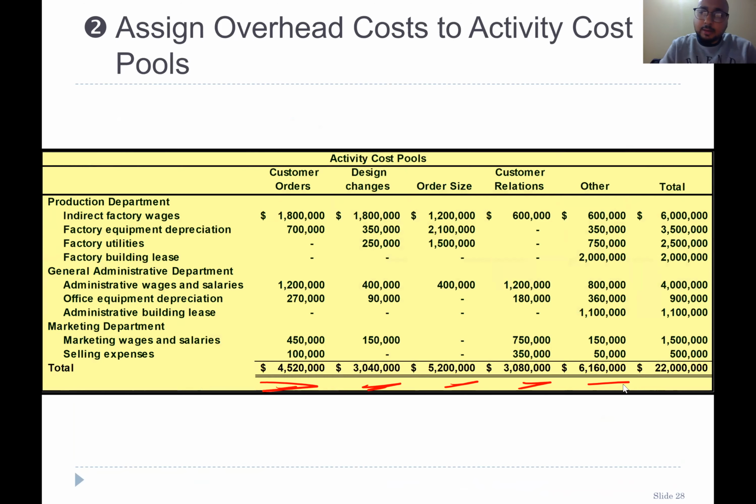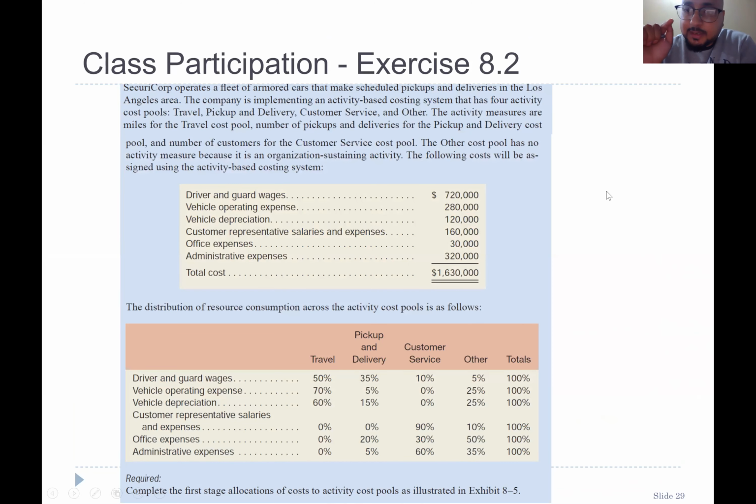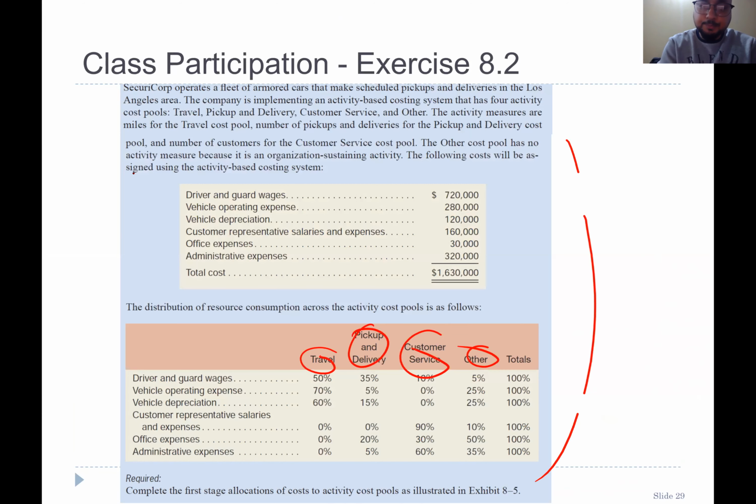So if you understand the first stage allocation, I'm going to be setting up the breakout room. All you need to do is find out the value of the cost pools of travel, pickup, cost service, and others. You are required to read all the question here and then solve it.